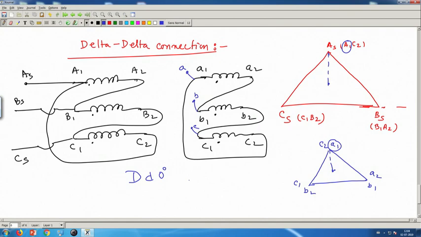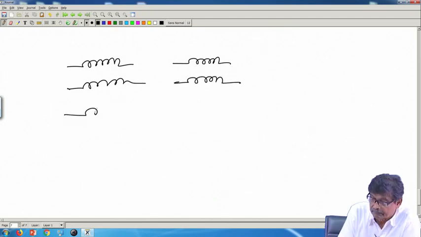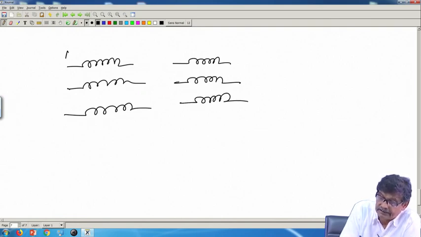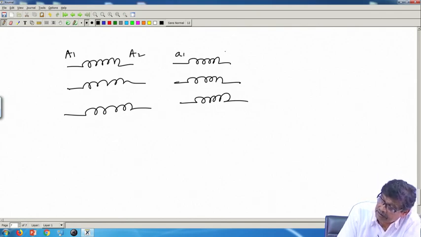Now, the same primary connection. Say this is A1, A2, this is small A1, A2.